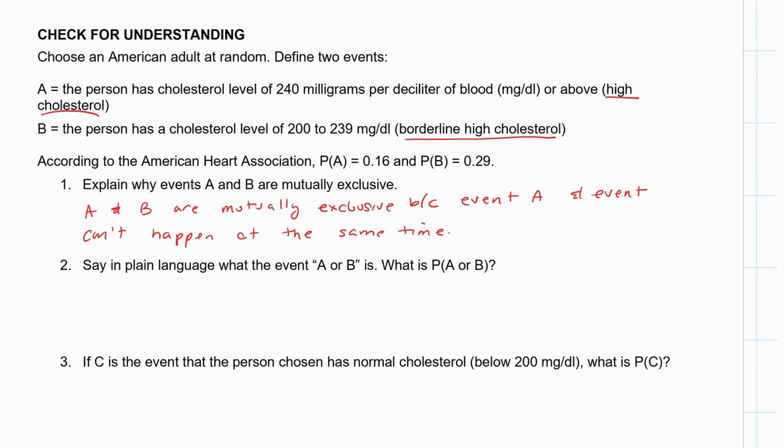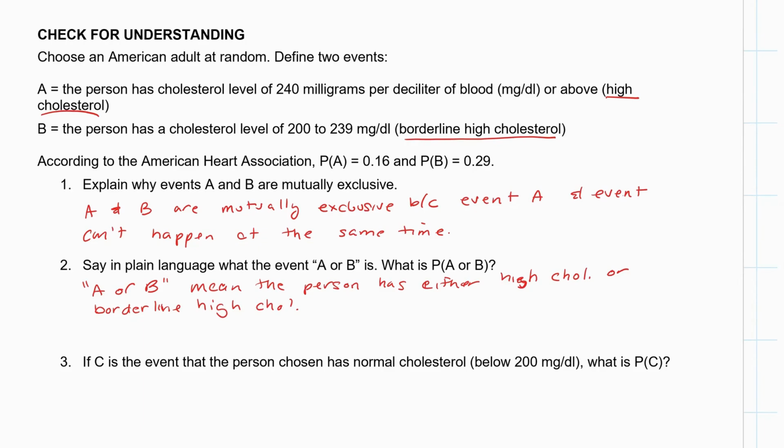A or B means the person has either high cholesterol, and I'll just use abbreviation CO2, or borderline high cholesterol.